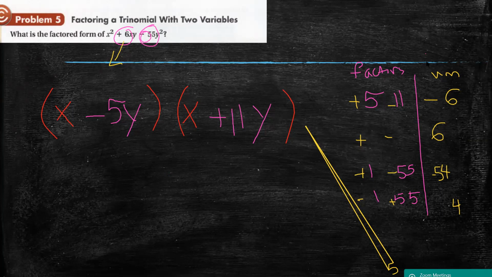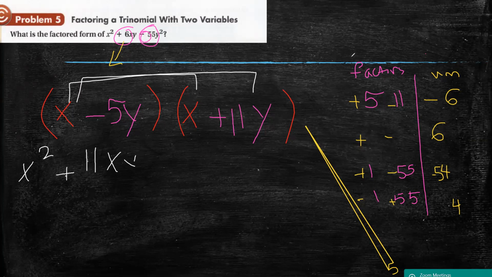x times x, x squared. x plus 11y times 11y, 11xy. Write the constant and multiply the variables.